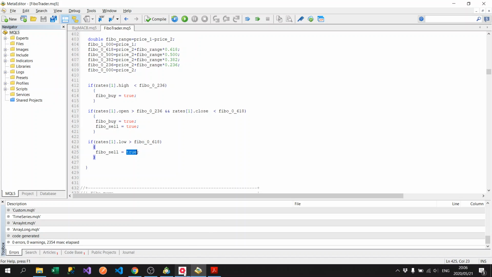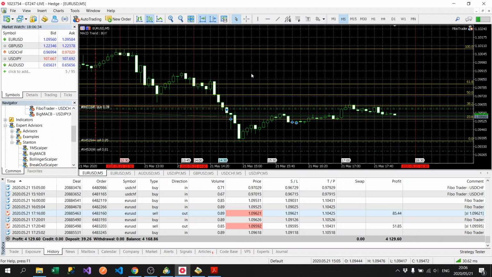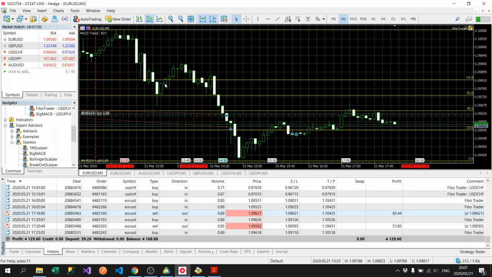So let's look at that on the chart. As you can see, we've got a trade actually in play at the moment. So we're running the EURUSD on the M5 chart, and we're running Fib Trader. As you can see here, the current price is between the 23.6 and the 61.8, and I'm writing the current MACD trend in the top here so that you can always keep an eye on what the actual trend is, to see whether it's going to look for a buy or sell trade.